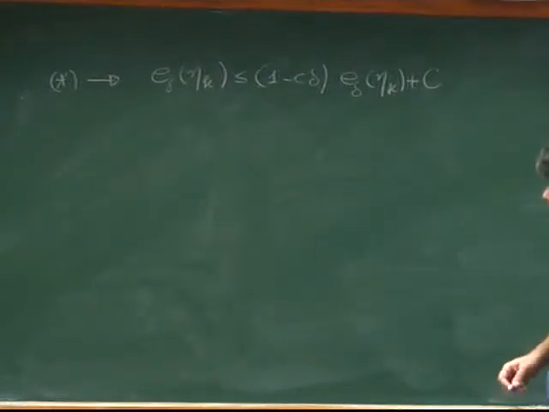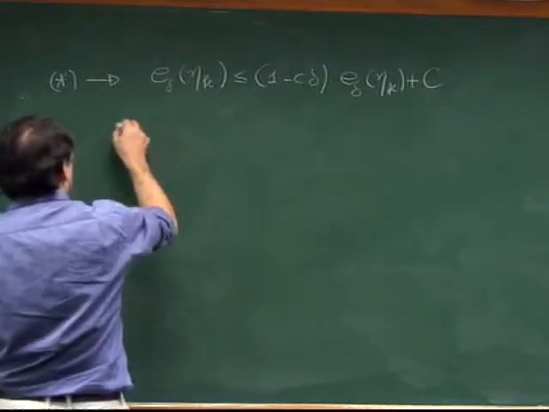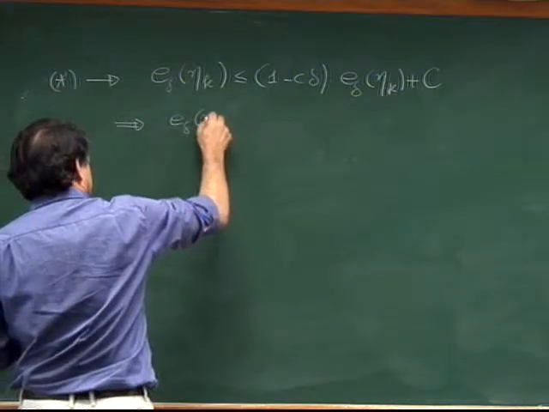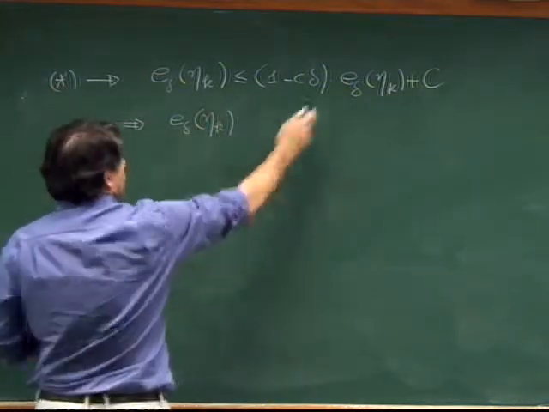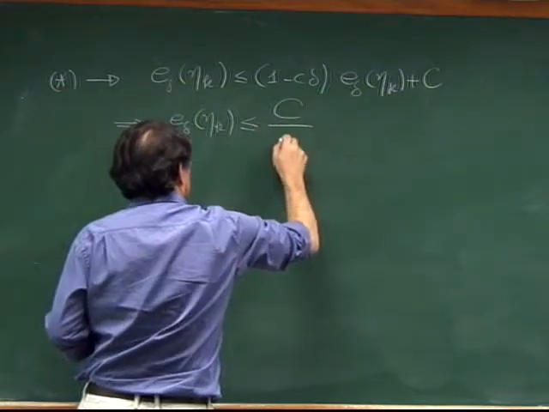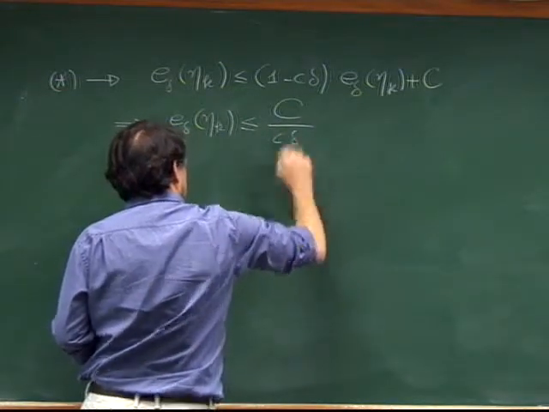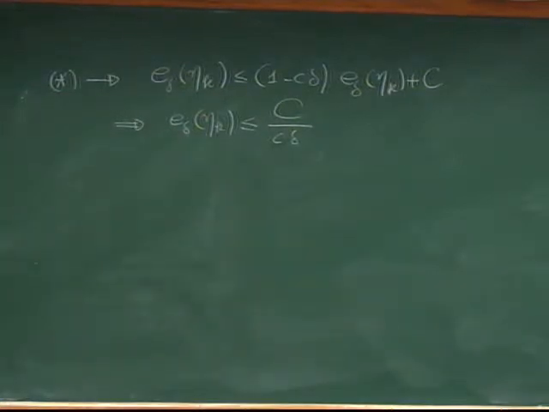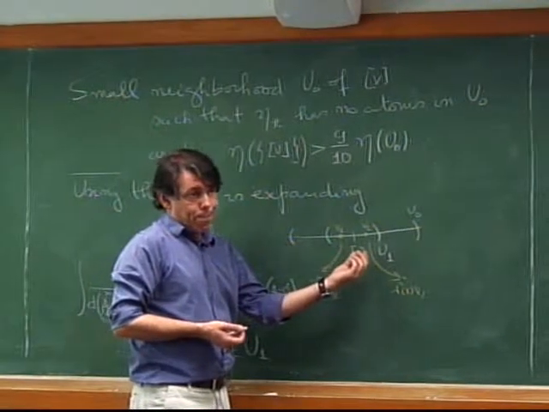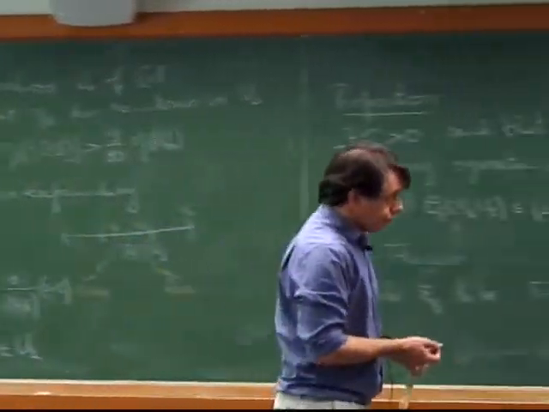And this implies, we just simplify this inequality, that the energy is smaller than c divided by c delta. So the whole point is that this kind of inequality implies that the energy of all my stationary measures in the neighborhood of the expanding point all have an energy which is uniformly bounded. Okay? So this is finite.